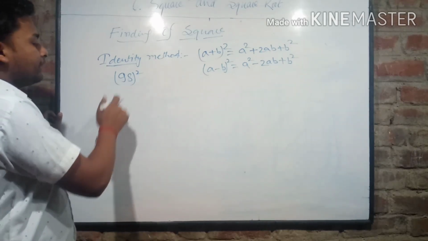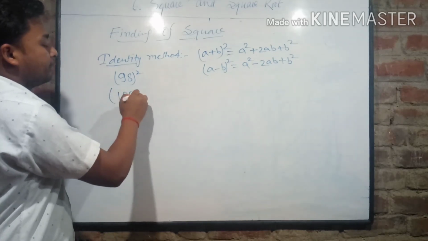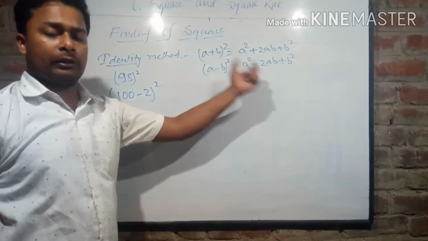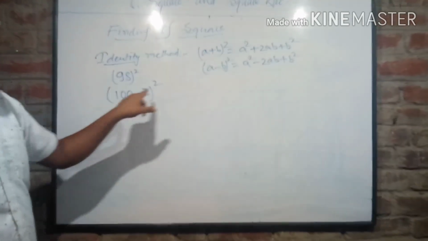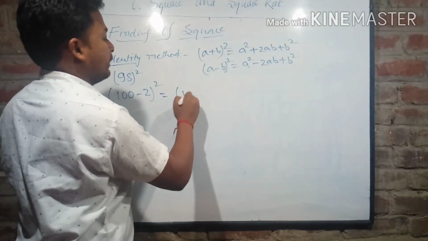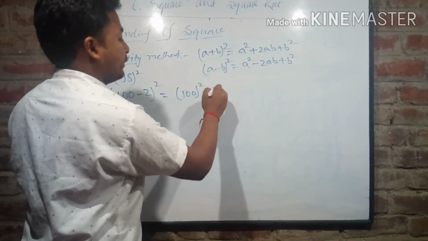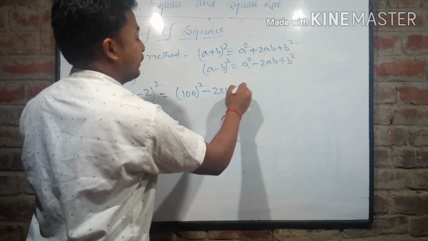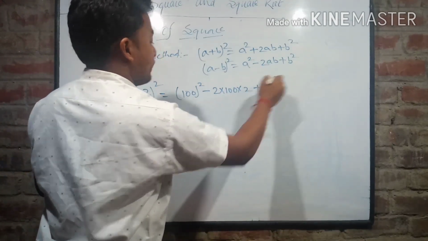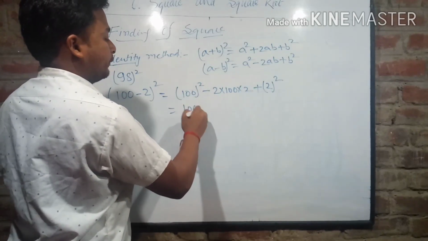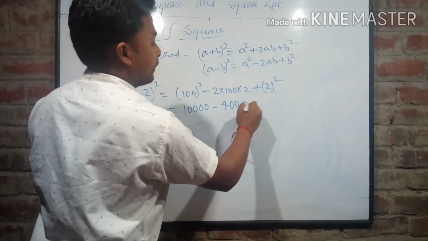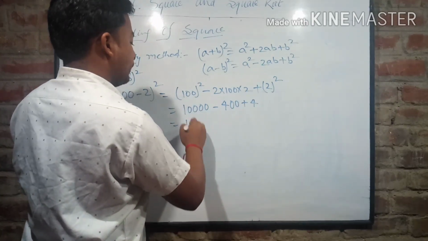My dear students, we will apply these algebraic identities to find the value of this. You can see that 98 is closest to 100. So we can write 98 as 100 minus 2, or this can also be written as 90 plus 8. Whatever is suitable for your simplification is applicable. If we take 98 square, we can write (100 minus 2) whole square. Now it is in terms of (A minus B) whole square, so it can be written as A square minus 2 into A into B plus B square. What is A square? 10000, minus 400, plus 4.